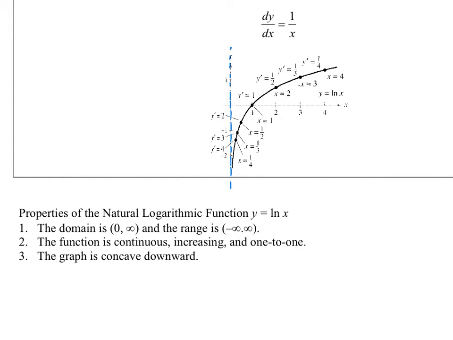Okay? For example, x squared was a function, but you could get 4 from 2 or negative 2. That's not 1 to 1. And then also, over the entire domain here, this function is concave downward. And what does that tell us?